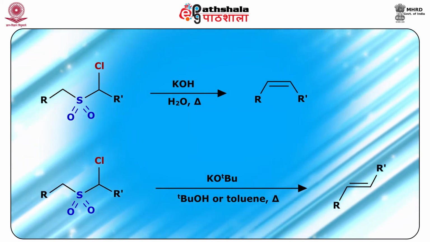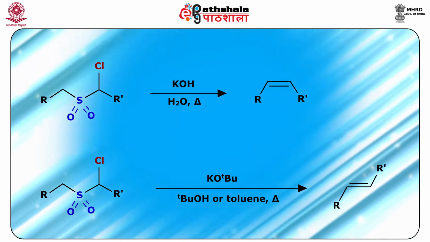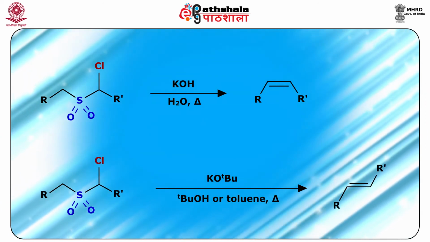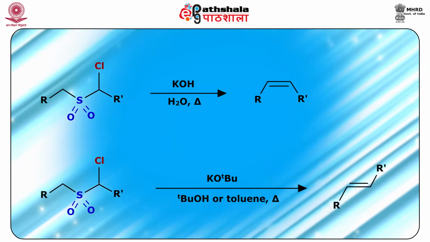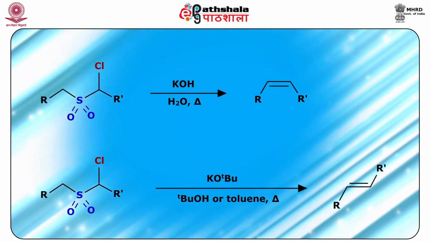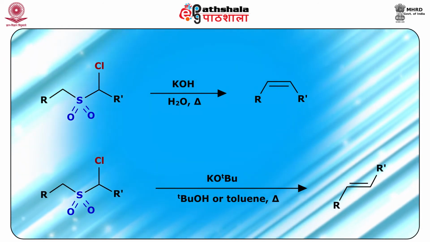Z alkenes are often observed with weak bases, whereas strong bases give predominantly E alkenes. The overall transformation is the conversion of the carbon-sulfur bonds to a carbon-carbon double bond.